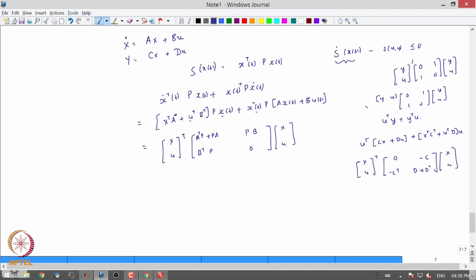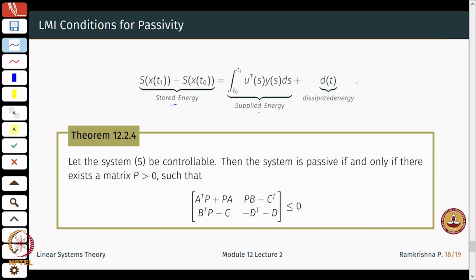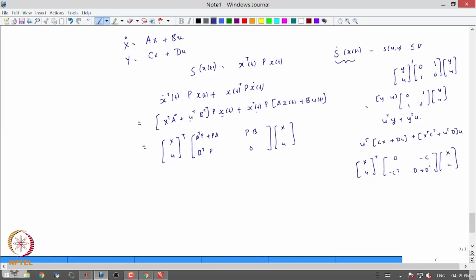Okay. So I just subtract it here. What I get is now a relation which looks something like this: A transpose P plus P A, then P B minus C transpose, and here this will be minus (D plus D transpose), because of this minus sign, and this must be less than or equal to 0.